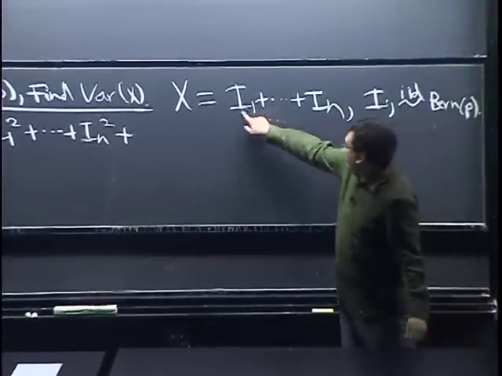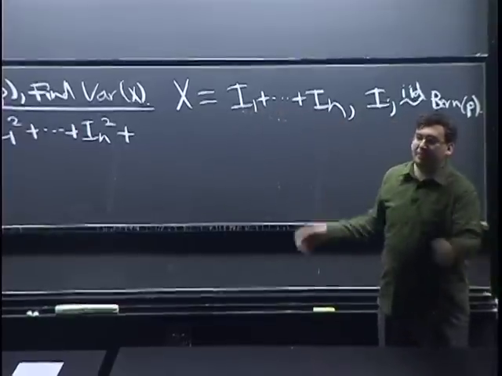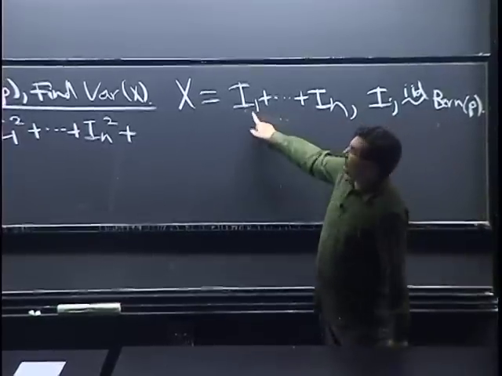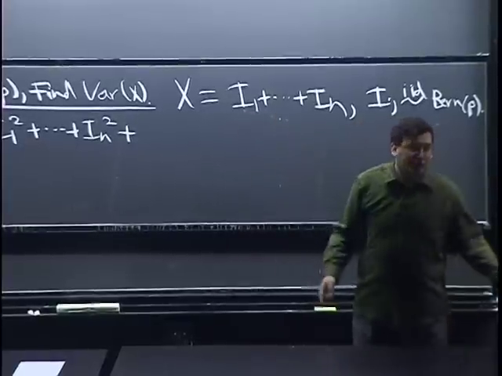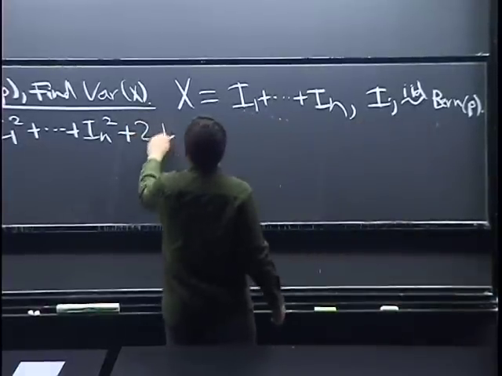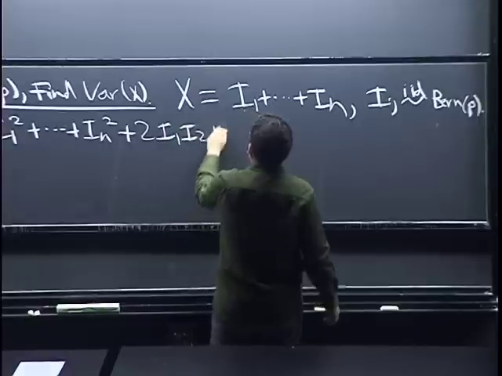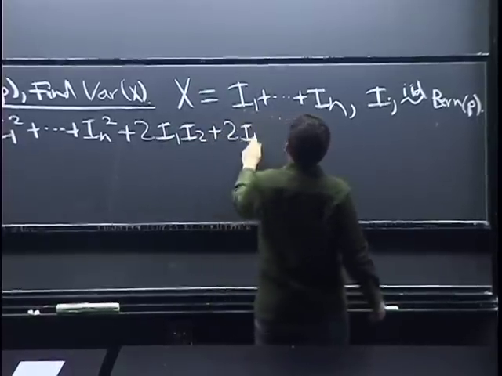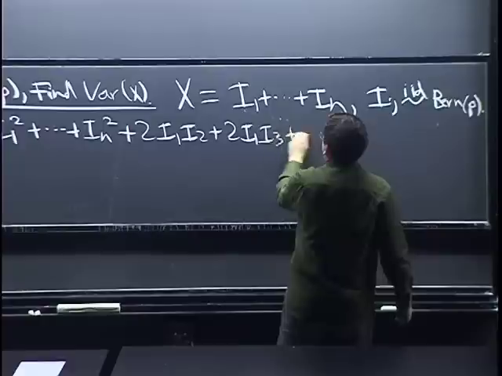Imagining this big thing times itself, we get every possible cross term, each one twice, like 2 I1 I2 and 2 I1 I3 and so on. All possible cross terms, and each cross term has a 2 in front.